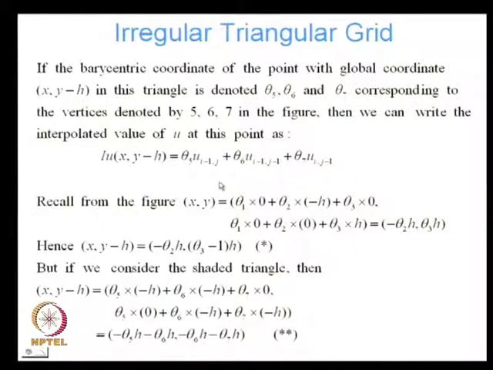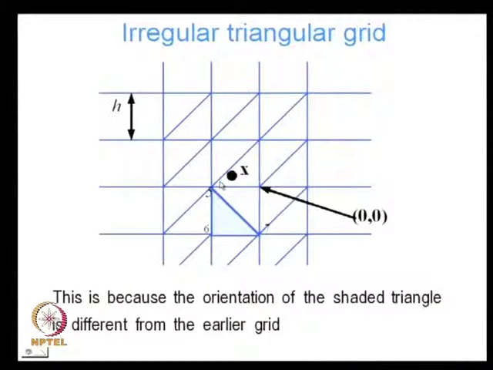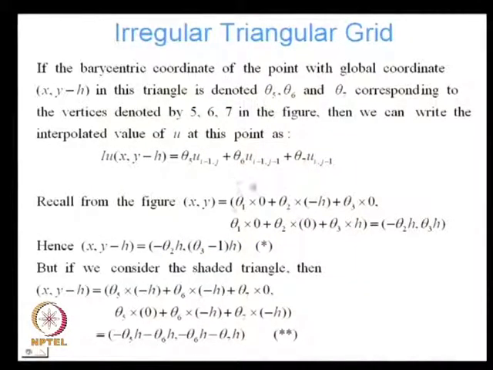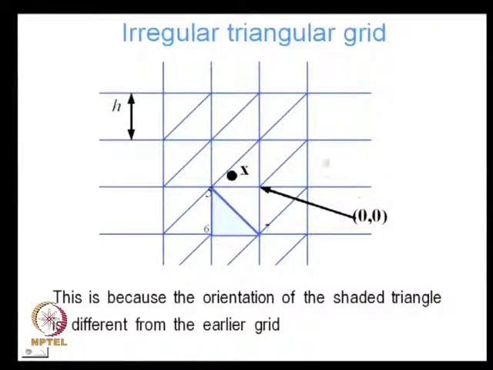So, let us go back to that figure and look at this point with coordinates x and y. We can write x and y using theta 1: x is actually theta 1 times 0 plus theta 2 times minus h plus theta 3 times 0. Why? Let us go back and take a look. If I want to find x, while this is my first point theta 1, it has x coordinate 0.